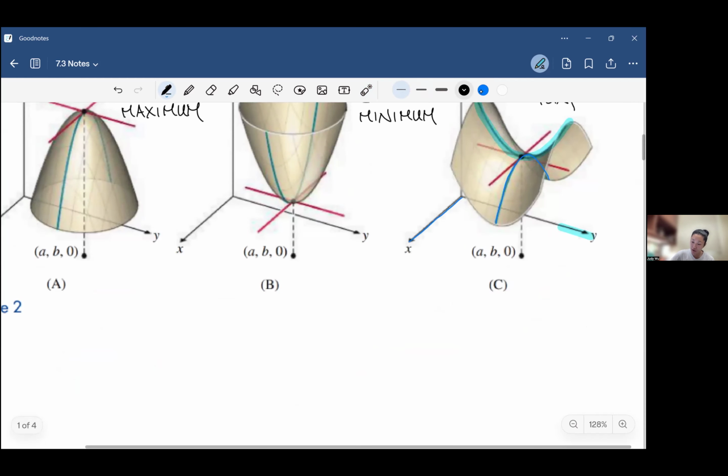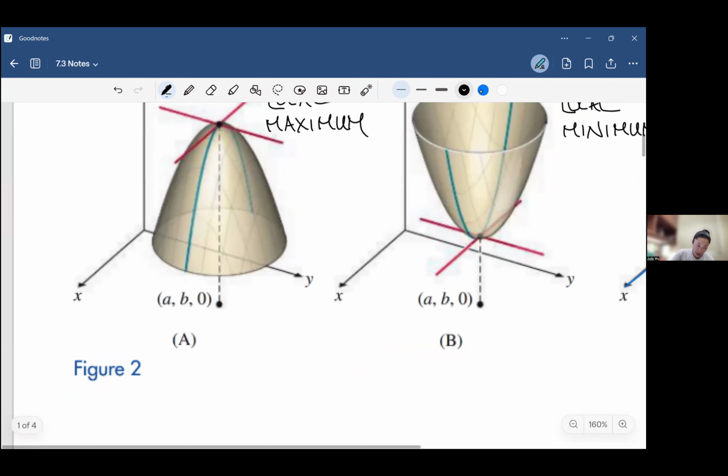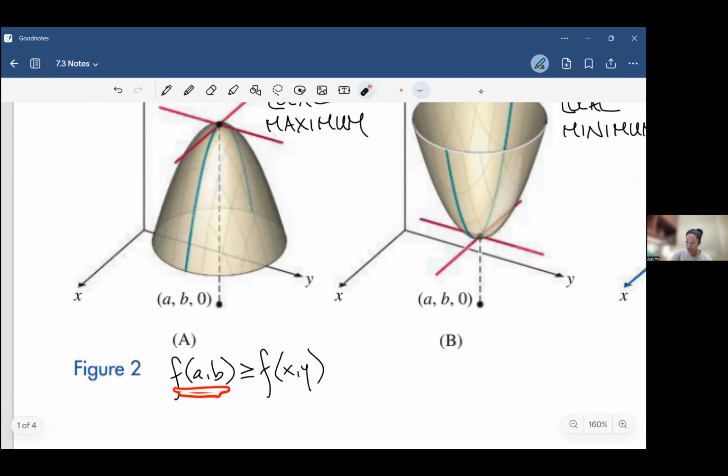And if we wanted to use some fancier notation for the local maximum, we might say that our f of a, b, meaning the z value or the function value there, is greater than or equal to f of x comma y. Meaning the point we want is larger than all the other points around it.